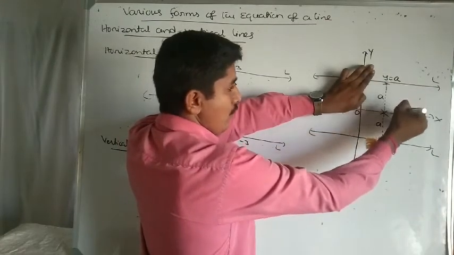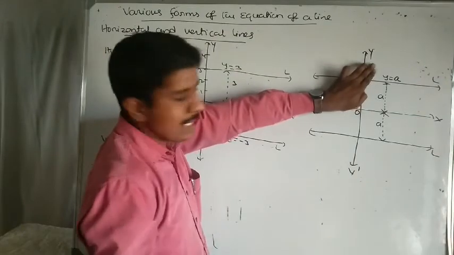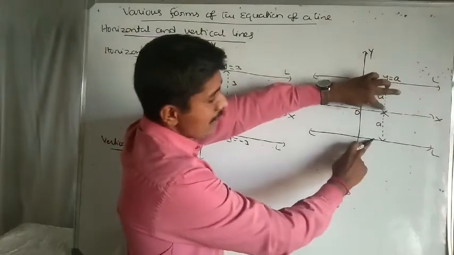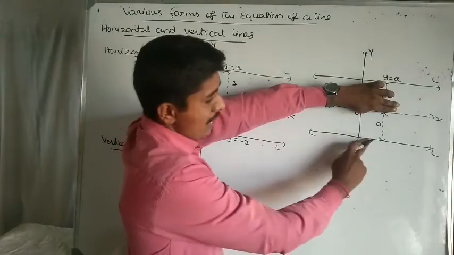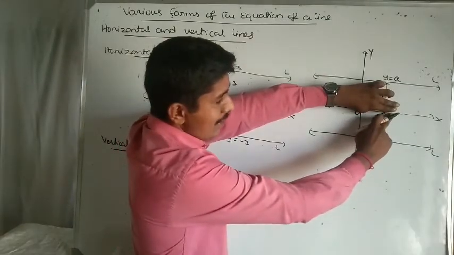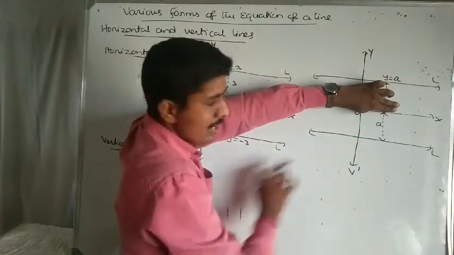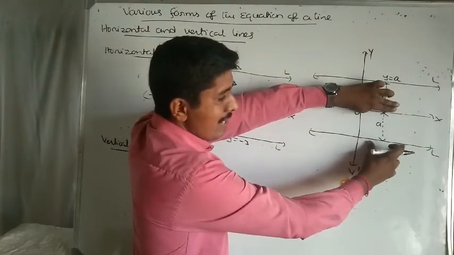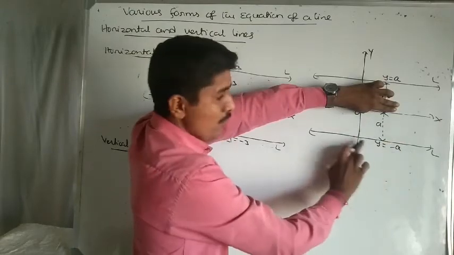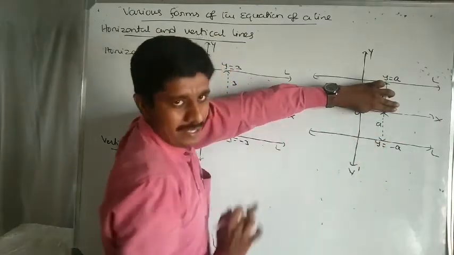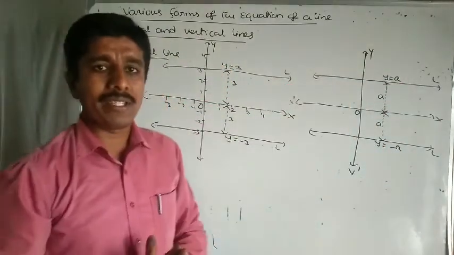Similarly, this line is at a distance of a units from the x-axis, but lies below the x-axis or below the origin. Therefore the equation of this horizontal line is y equal to minus a, because this line lies below the x-axis. Very important.